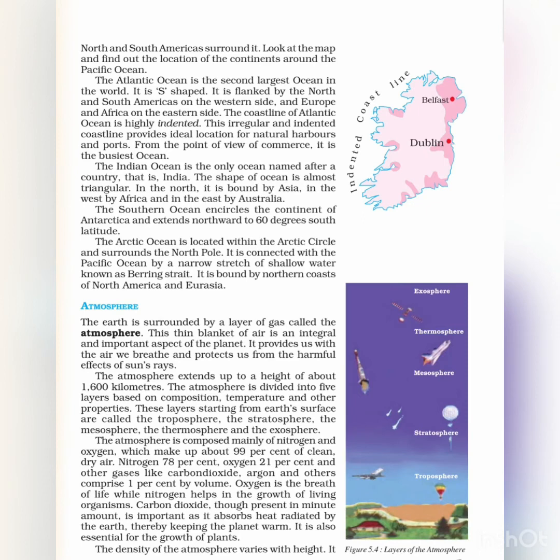Next is Southern Ocean. This ocean is the extension of 3 oceans: Indian Ocean, Atlantic Ocean, and the Pacific Ocean. Next and last ocean is Arctic Ocean. It is the second smallest ocean in the world, and it is connected to the Pacific Ocean by a narrow stretch of shallow water known as Bering Strait.